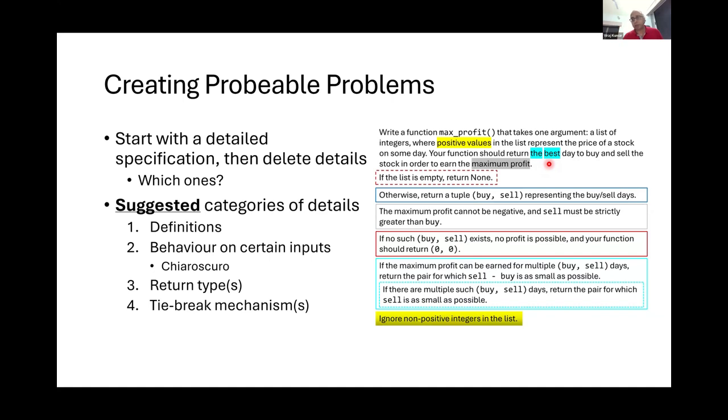What if there are more than one pair of best days to buy and sell in order to achieve the maximum profit, right? So parts or all of the tie-break mechanism could be deleted. In this particular problem, the tie-break mechanism was complex, right? There was a first condition, and then even the first condition could fail to resolve the tie, in which case there was a nested condition. And in this case, we got rid of everything else.